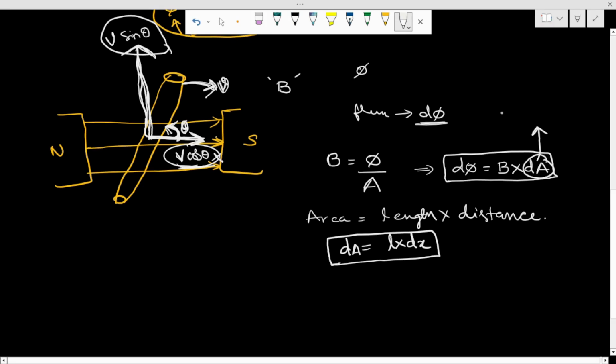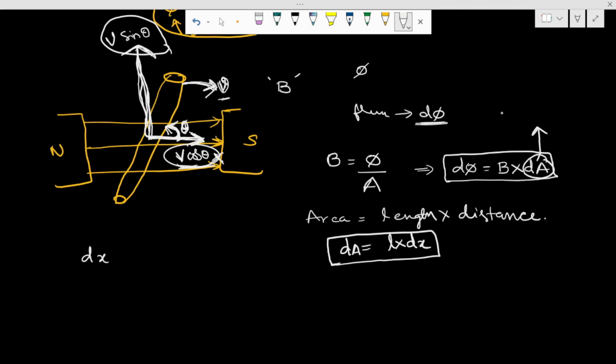Let us calculate the distance dx with respect to the velocity. We are not taking V cos theta because no EMF is induced. We are taking only V sin theta with respect to time. The distance covered in a small time dt is V sin theta dt.